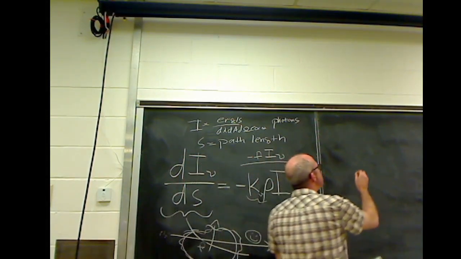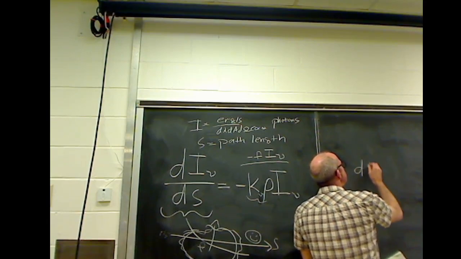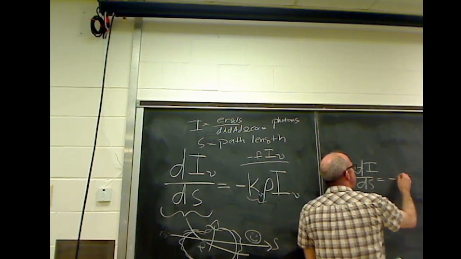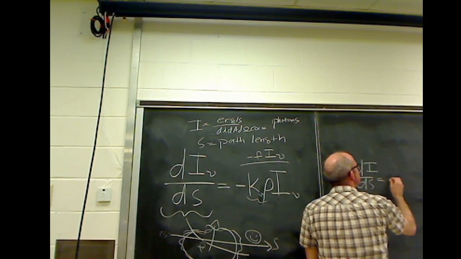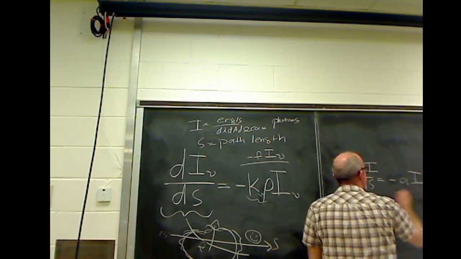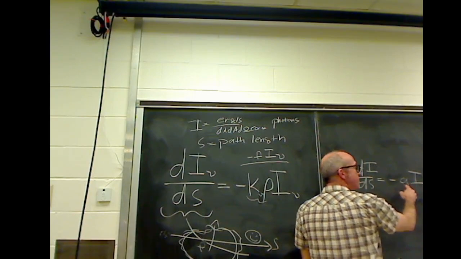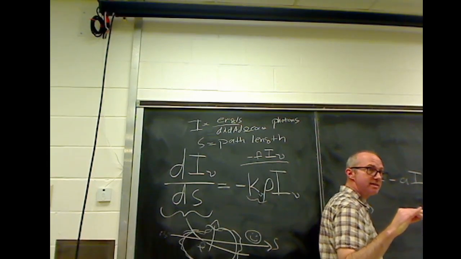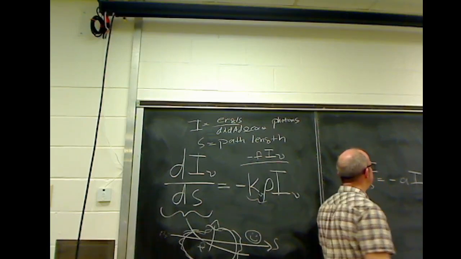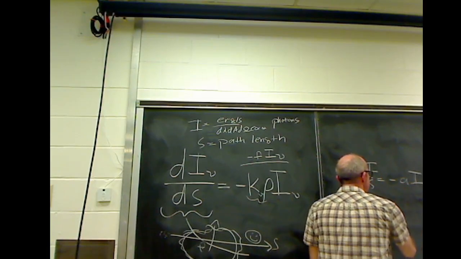So we have this, I'm going to write this up again. dI/ds equals minus, well, we'll just call it, minus a times I. As long as a is not a function of s, if a is a function of s, then you don't have this equation, right? Then this is an exponential.